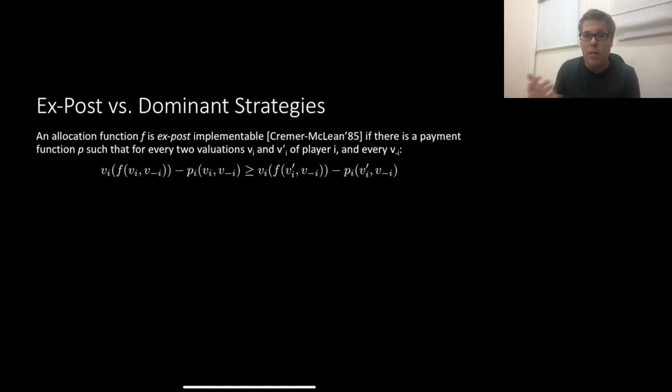An allocation function f is ex post implementable if there is a payment function such that for every two valuations, v_i and v'_i of player i, and valuations v_-i of the other players, player i with valuation v_i prefers the outcome on input (v_i, v_-i) over the outcome on input (v'_i, v_-i). This is the standard notion that we use in algorithmic mechanism design. It tells us something about the outcome and doesn't say anything about how we have reached this outcome.